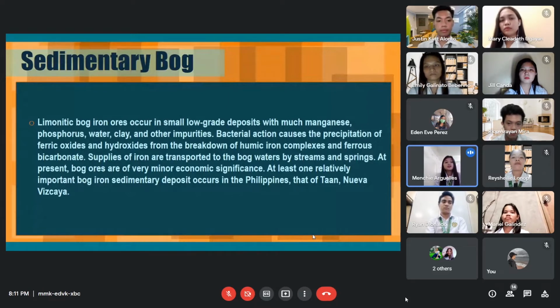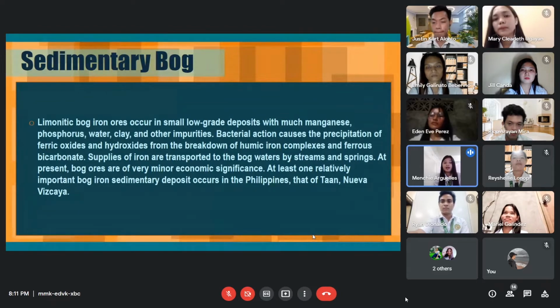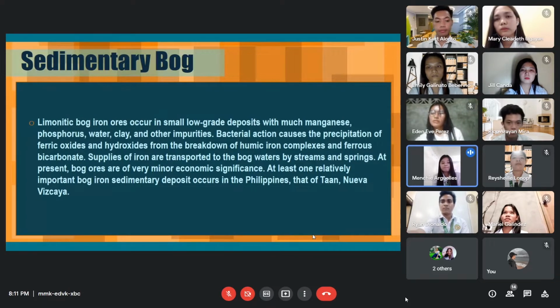So here, the supplies of iron are transported to the bog waters by streams and springs. At present, bog ores are of very minor economic significance. At least one relatively important bog iron sedimentary deposit in the Philippines is found in Taan, Nueva Vizcaya.